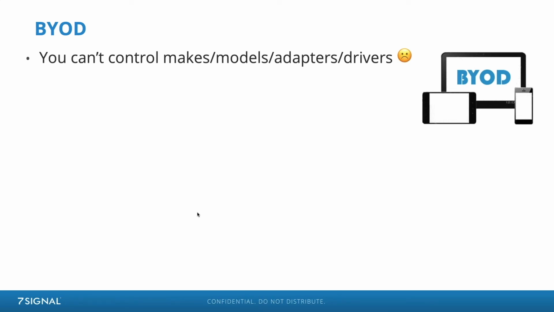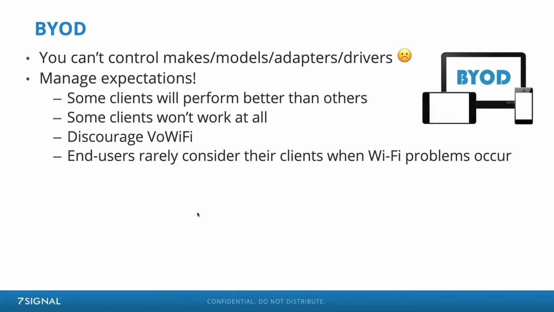Everything I just showed you about how to fix things and improve things kind of goes out the window a little bit with BYOD. So it's really important that you manage expectations around the organization. Some clients just aren't going to work. It's just not realistic to say any Wi-Fi client that comes through the door is going to work well on our network. They just won't.